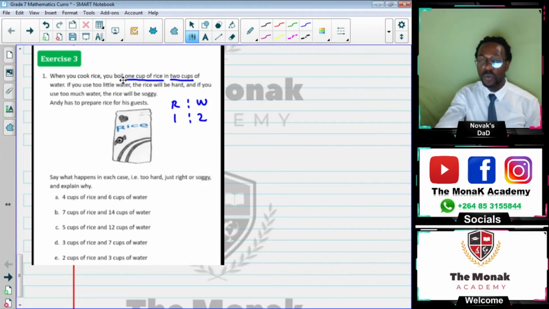It's the first thing to do in a ratio format. Now they said if you use too little water, it becomes hard. And if you use too much water, it becomes soggy.